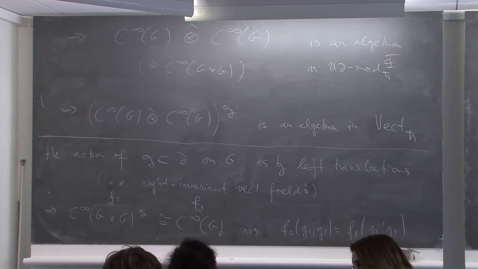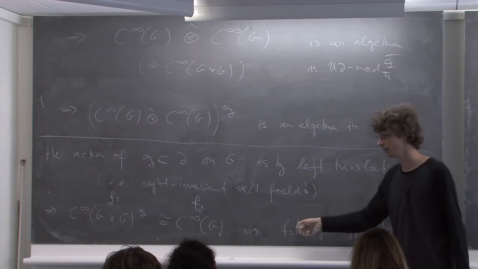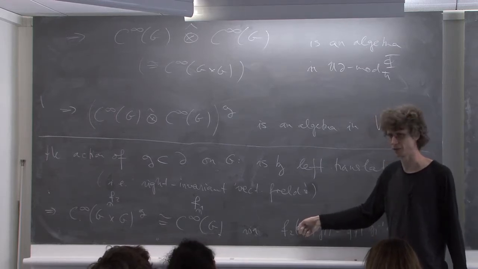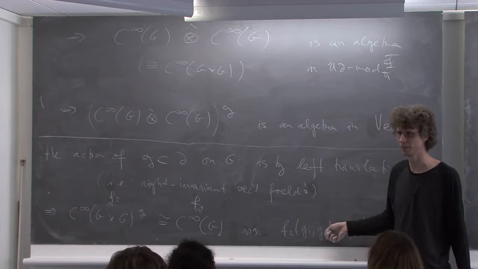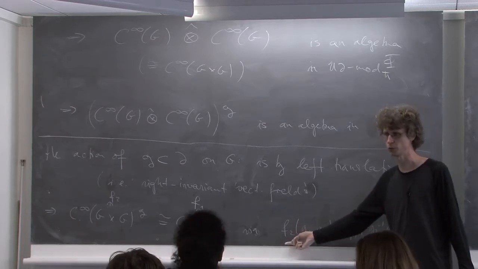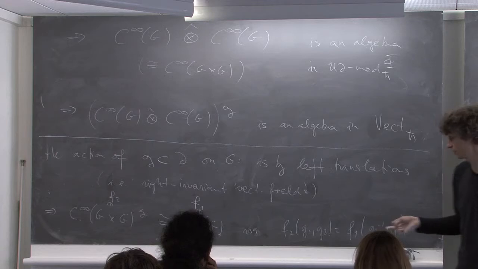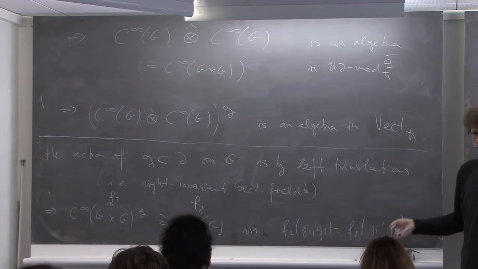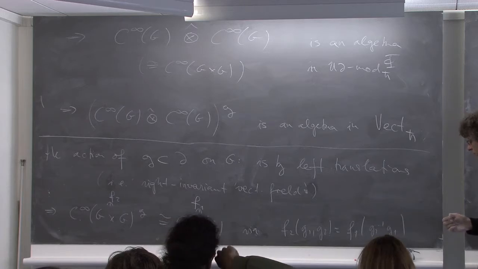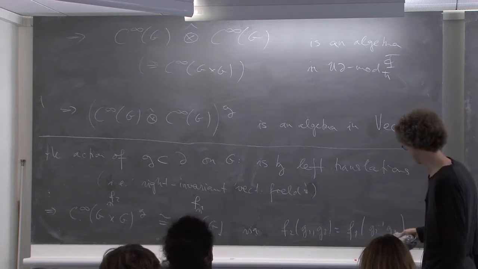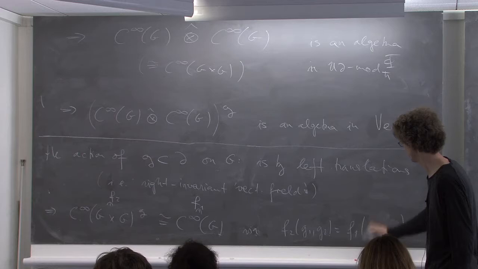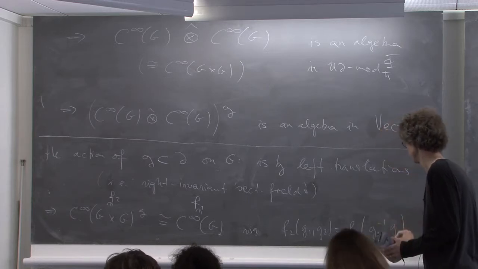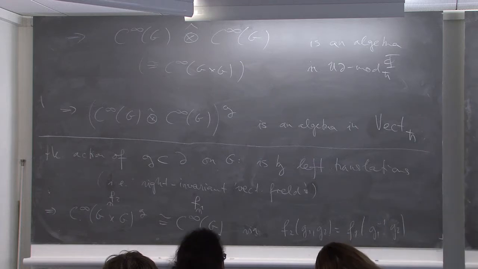Yeah, I guess this is what would kill this simultaneous action. If we multiply on the left by somebody here and somebody from there, and the function is supposed to be invariant, that's the same as saying that the function really depends only on this product of those two things. Or maybe it's nicer to write it like G1 inverse G2. I'll keep the order here.